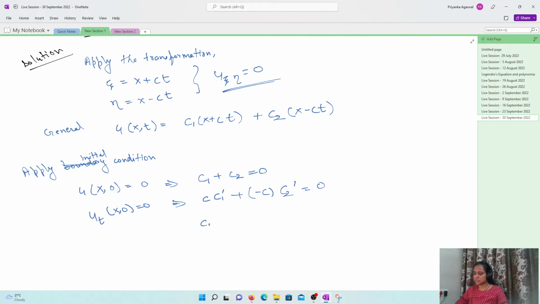So that is c1 prime minus c2 prime equals 0.